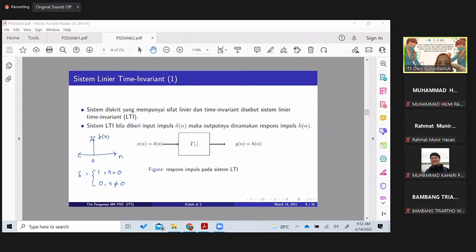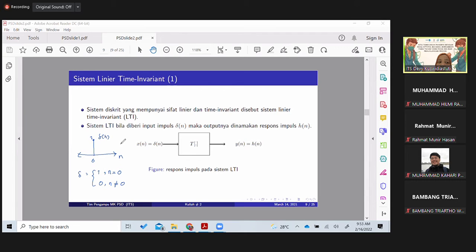You must understand that this unit impulse is like an identity function. For example, you know an identity function is like 0 in summation and like 1 in multiplication.